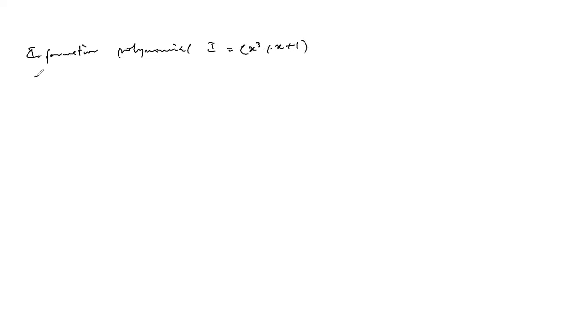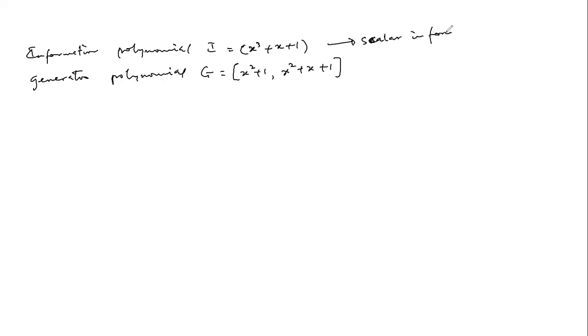And then the generator polynomial G is the same as x squared plus 1, x squared plus x plus 1. Then what is the scalar information? And from here we can get the scalar code word.